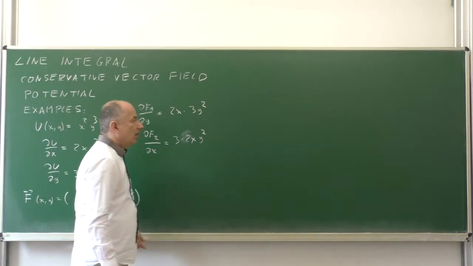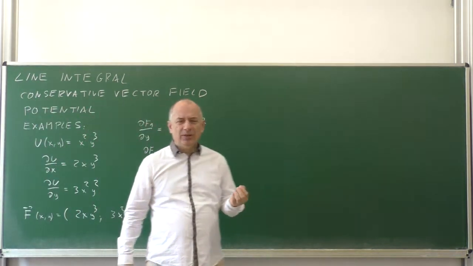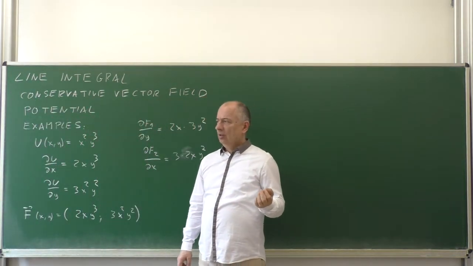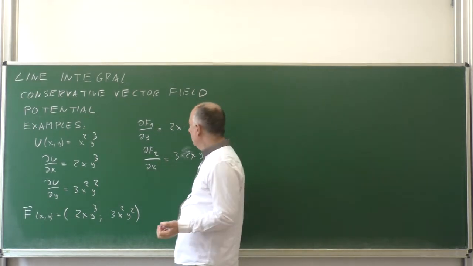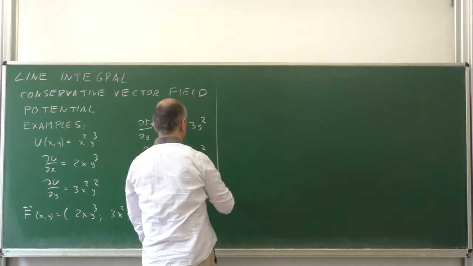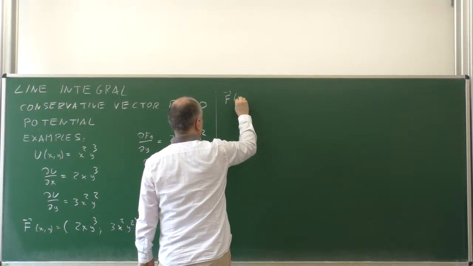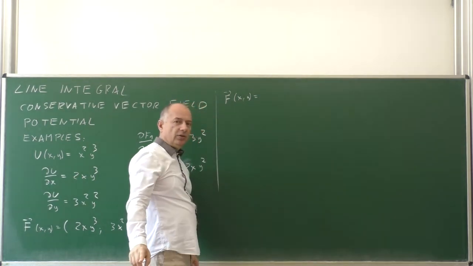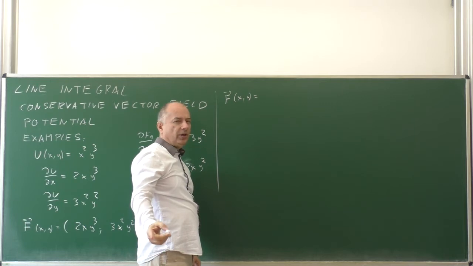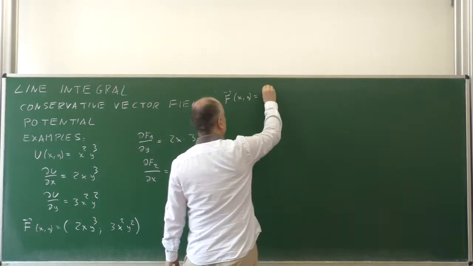And now, perhaps, what would be the simplest vector field which is conservative? The simplest vector field, what do you think? Yes, 0, 0.